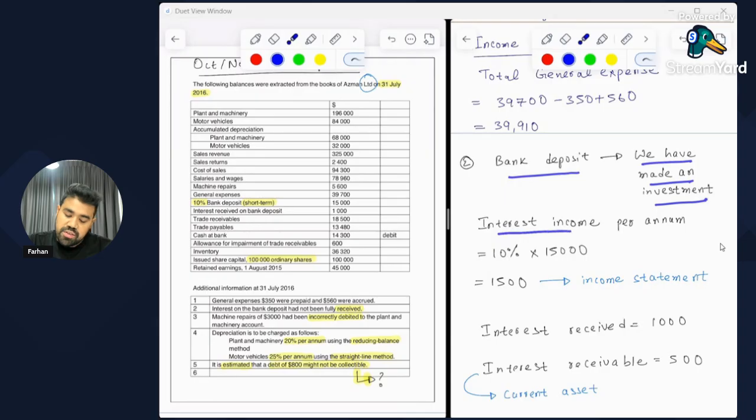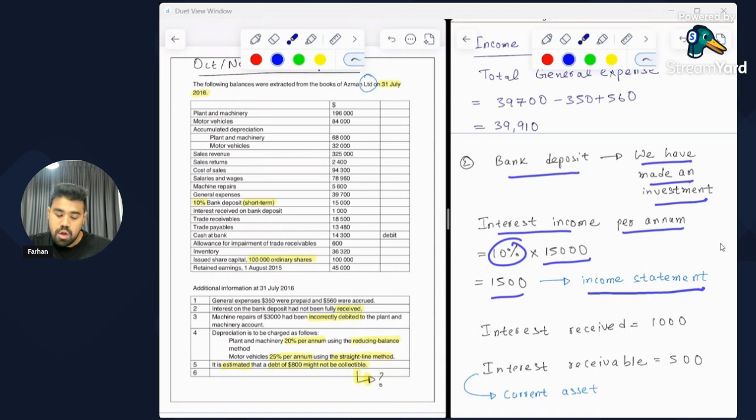So interest income per annum is 10% multiplied with $15,000, which is the original amount of investment that we have made. And that gives us an annual interest income of $1,500, okay? So this entire amount of $1,500 is to be reported as interest income when you prepare the income statement or the statement of financial performance.